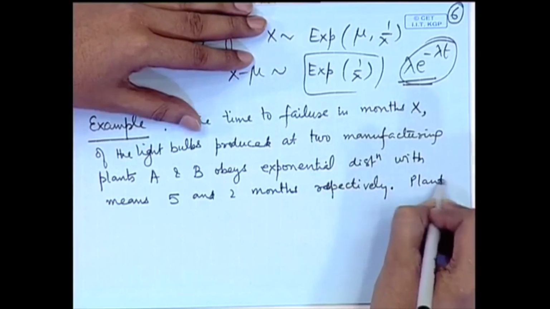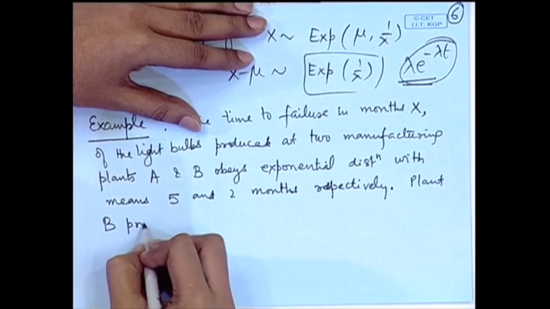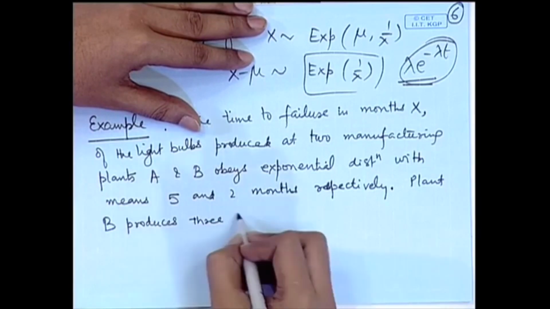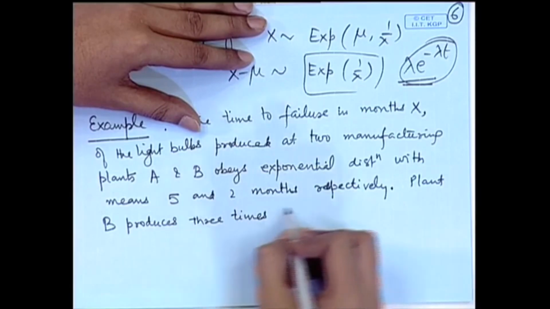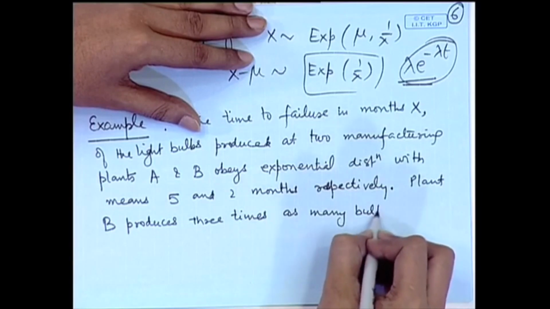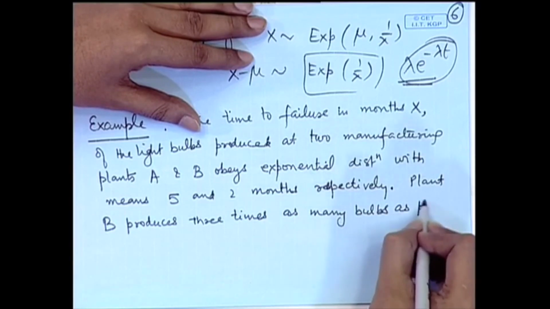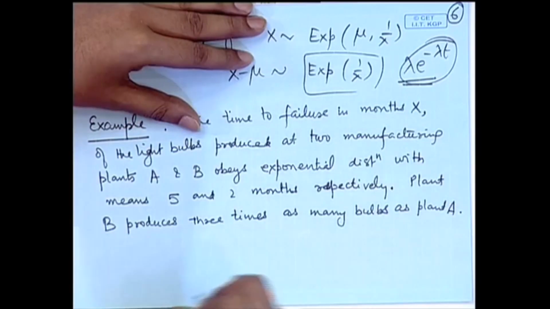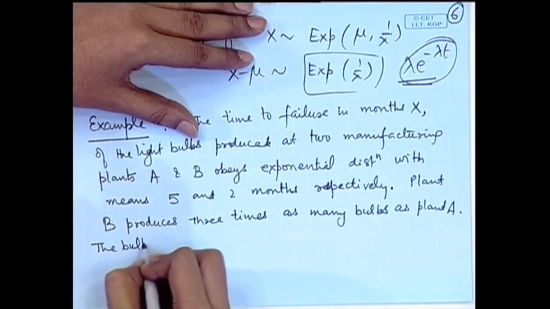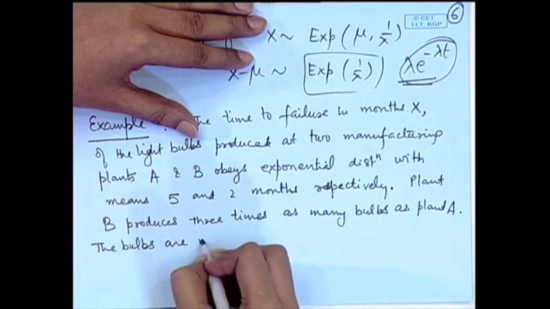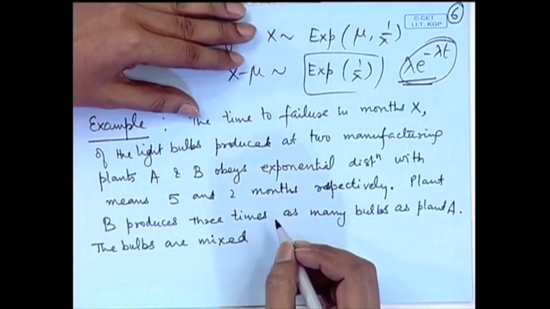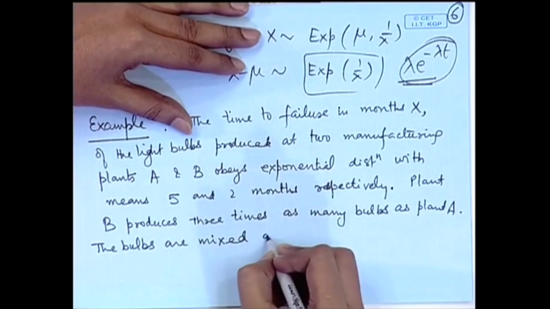Plant B produces 3 times as many bulbs as plant A. The bulbs are mixed, so they look indistinguishable to a naked eye and sold.